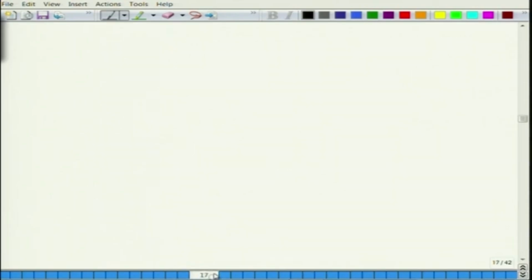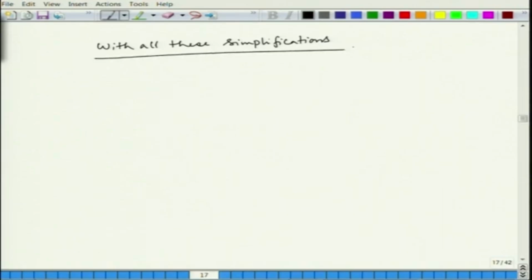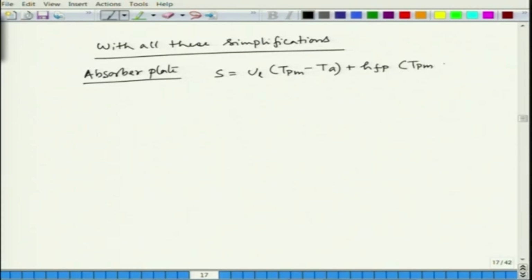Okay. So, if that is the case, now, with all these simplifications, if we revisit the equations that we have written for the absorber plate, we can have the simple equation which is S equal to UL (TPM minus TA) plus HFP (TPM minus TF) plus HR (TPM minus TBM).